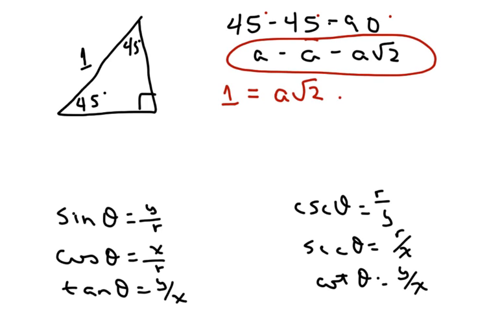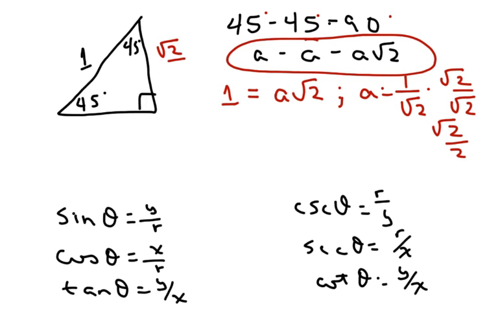So a equals 1 over root 2. We can't have a radical in the denominator, so we rationalize it, so we get root 2 over 2. So in this case, this side is root 2 over 2. This side is root 2 over 2. Now when we use our formulas, we're going to do sine of theta and cosine of theta.